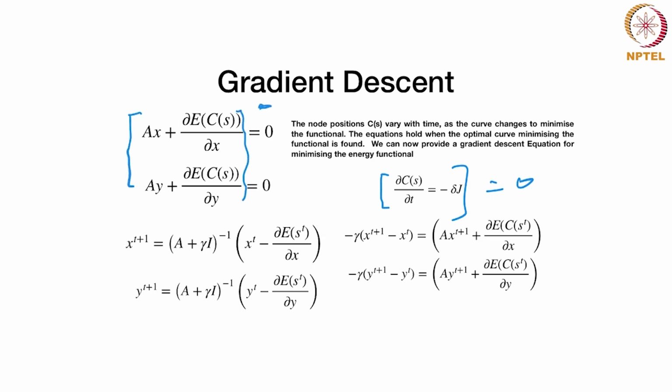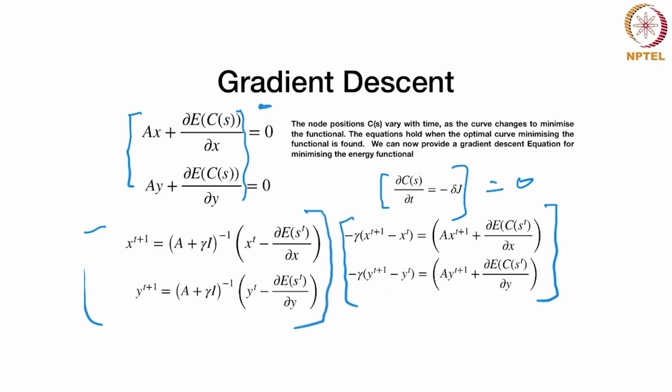Then we can write this delta C over delta T as time stepping. Again, you do a finite difference approximation. Like I said, C of S is nothing but pairs of vertices x comma y. So then we can get this time stepping equation right here, which we can simplify to get the equation in this final form. A is a matrix that can be inverted.